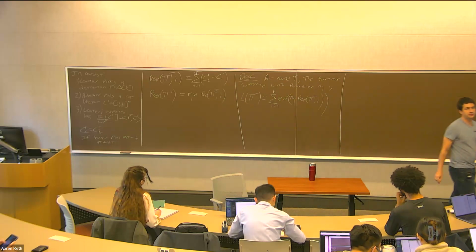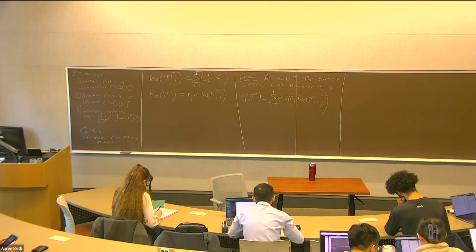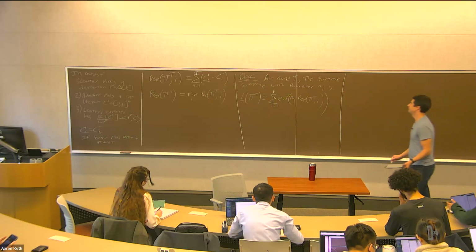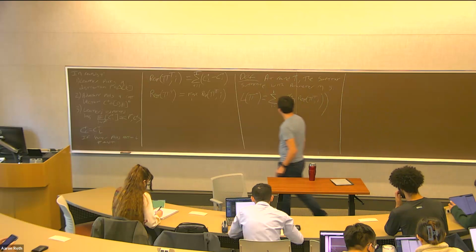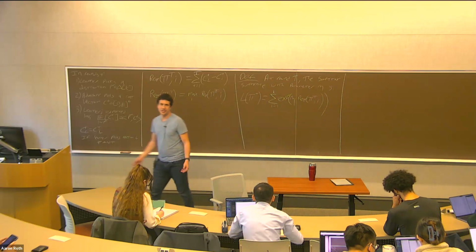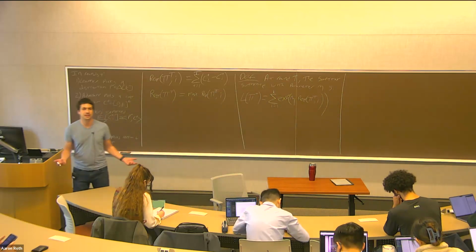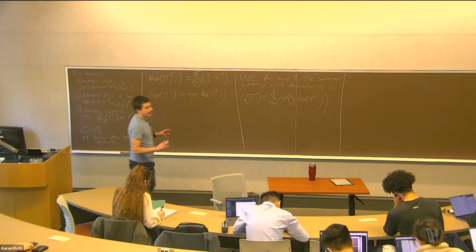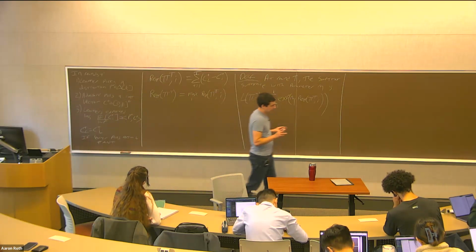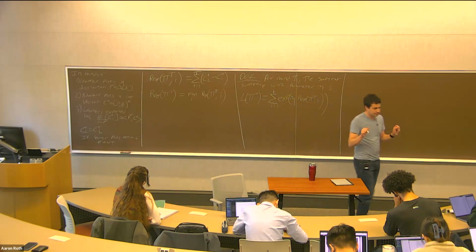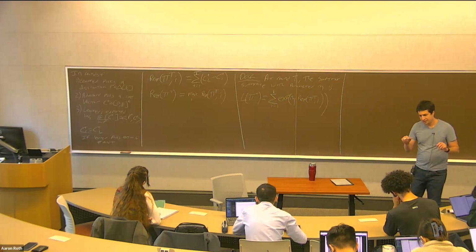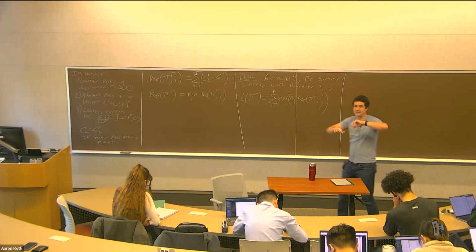Maybe just to give some intuition for why this might be a reasonable thing, if you haven't seen a softmax before. In general, sums of non-negative things upper bound maxes. And when you take an exponential of something, you're exaggerating differences.